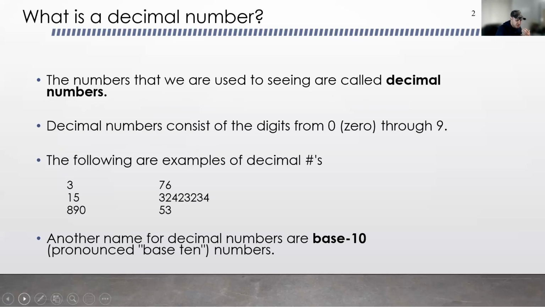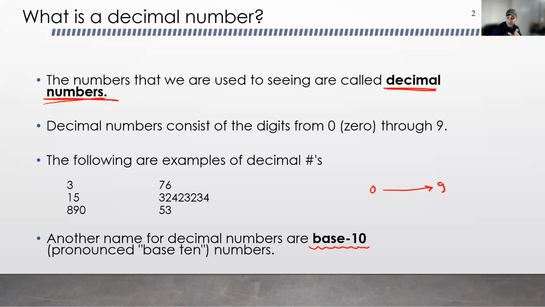So the numbers that we are used to seeing every day are called decimal numbers. And sometimes they call it base 10 numbers. Base 10 because you have 10 digits, or 10 different shapes or figures, that constitute any number in this system. Basically the numbers from 0 up to 9: 0, 1, 2, 3, 4, 5, 6, 7, 8, 9.